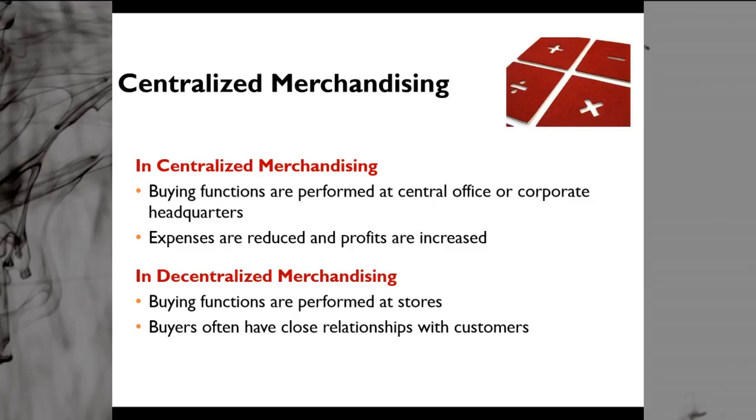Compared to centralized merchandising, the buyer of the specific store has a closer relationship with their customer. So these are all the big pictures about the concepts for this chapter.